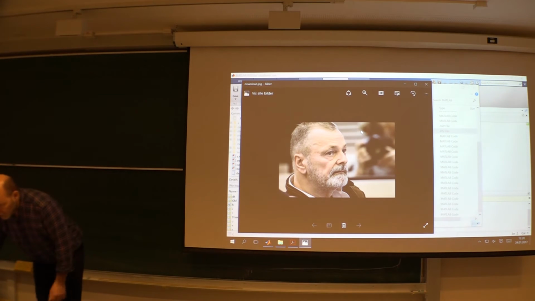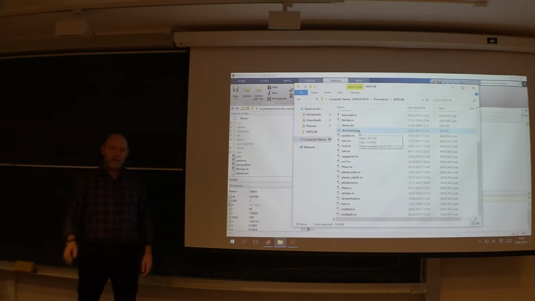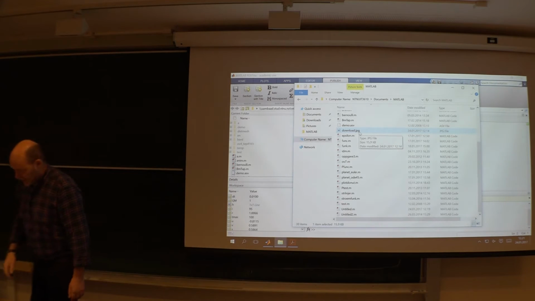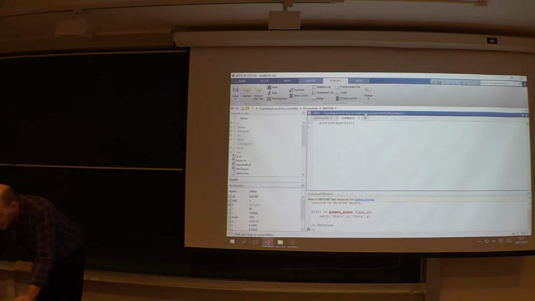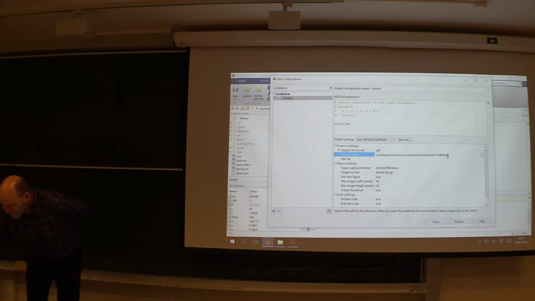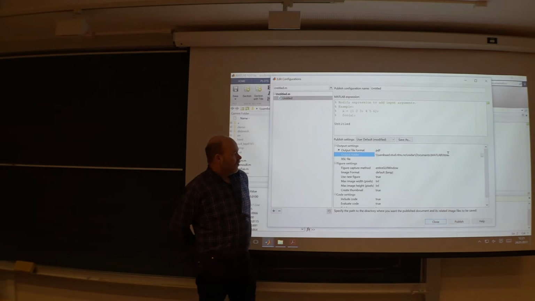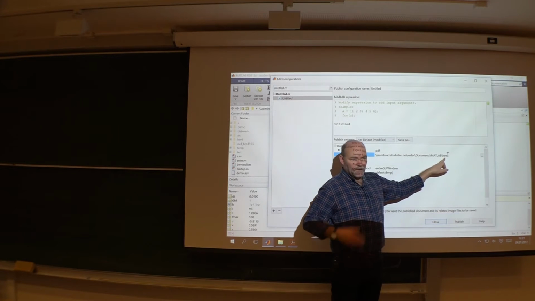How to do that? Well, the name of this file is download JPEG, and that one has to be located not in your working directory, which it is now, but I can show you here on the publish button, the setup. The default output folder is here, some HTML. That's a subfolder where I am actually working. This is my work folder, so I have automatically gotten a subfolder, HTML.